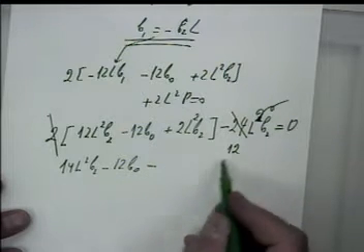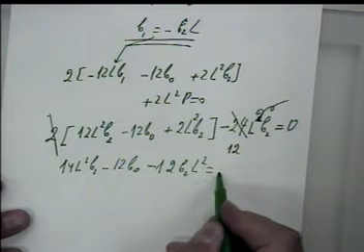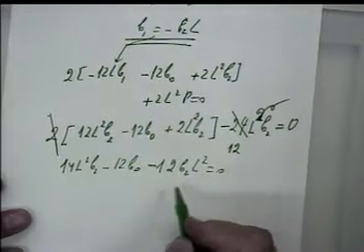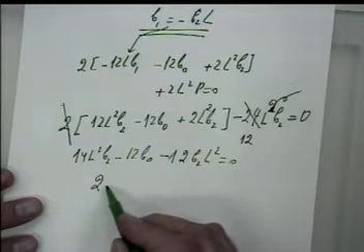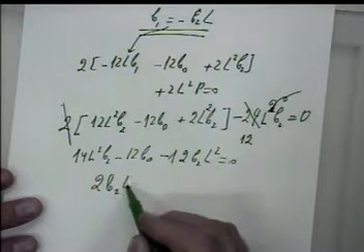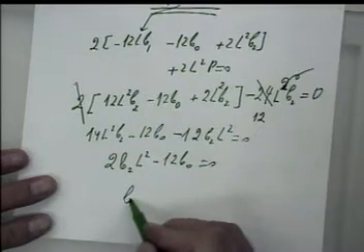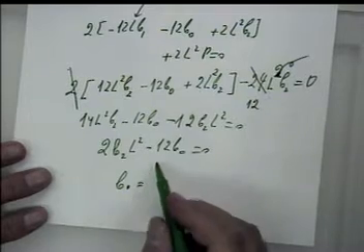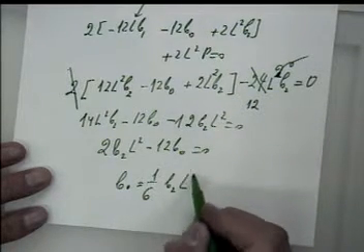Then we have minus 12 b2L square equals 0. So 14 minus 12 is 2. 2 b2L square minus 12b0 equals 0. So b0 equals 2 12ths or 1/6 b2L square.